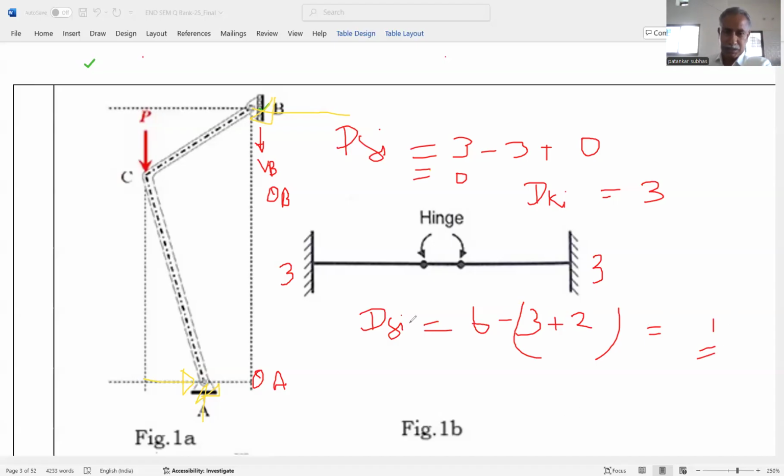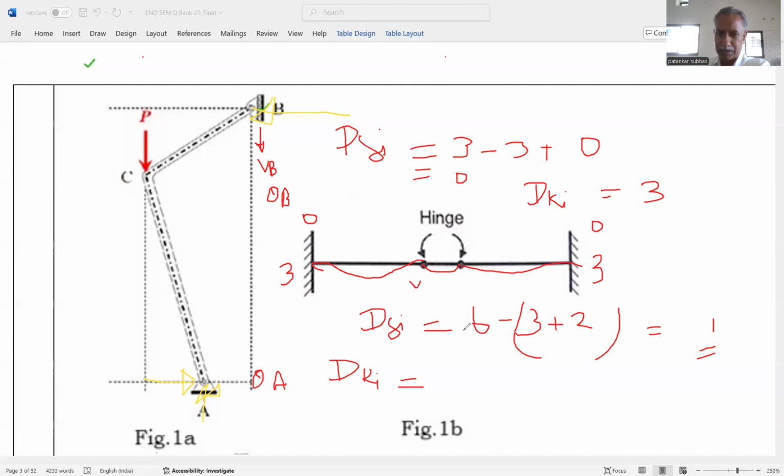Similarly, when we have considered degree of kinematic redundancy, at this point definitely the theta is 0, but here theta is there, and theta here is also there. So for DKi, we can say that definitely at every fixed support DKi is 0, but at hinge we can say that it can move in upward direction or downward direction, that is the vertical direction.